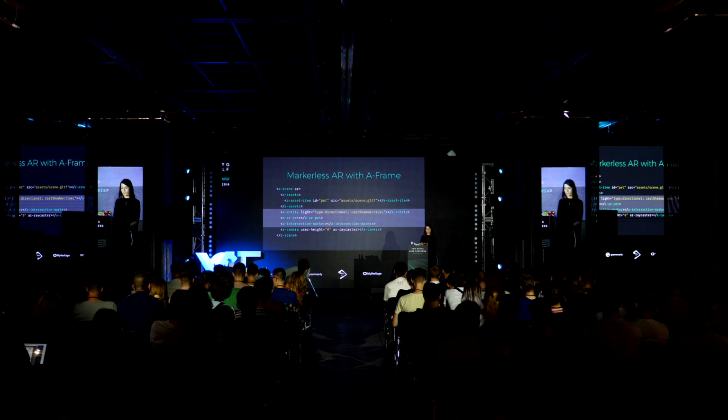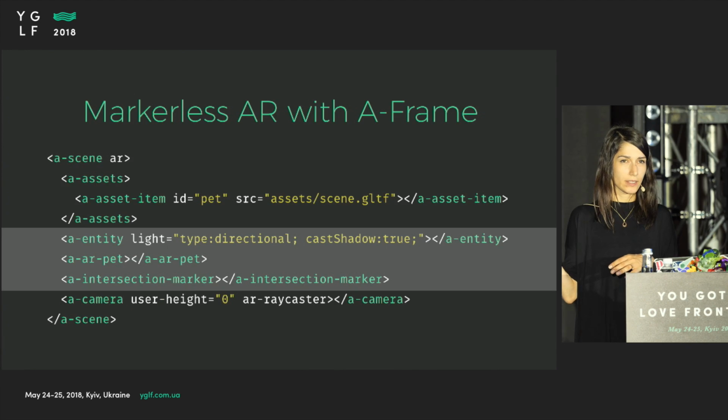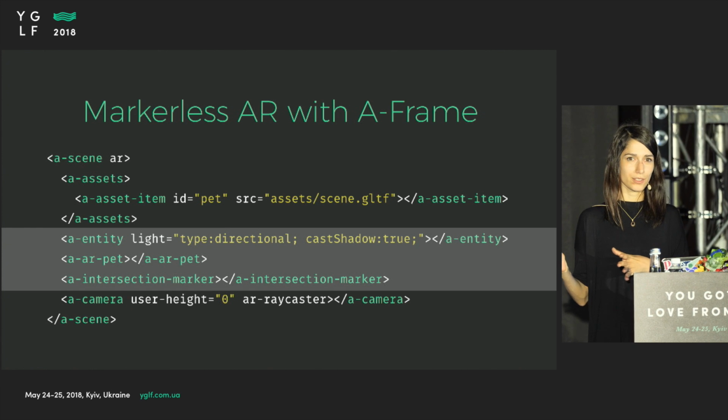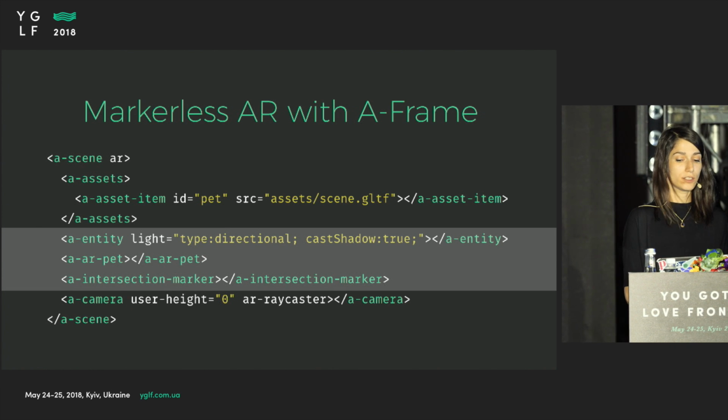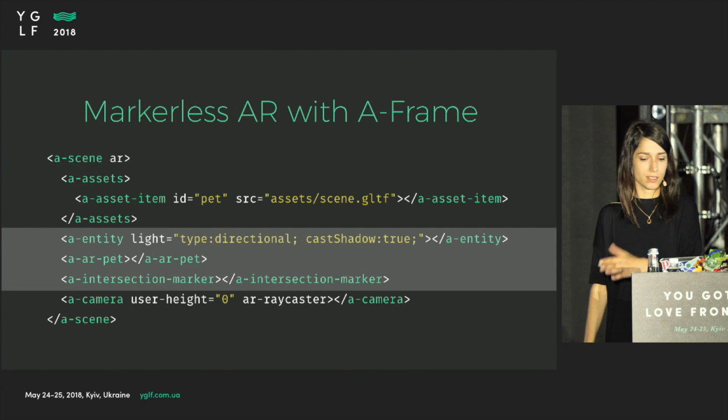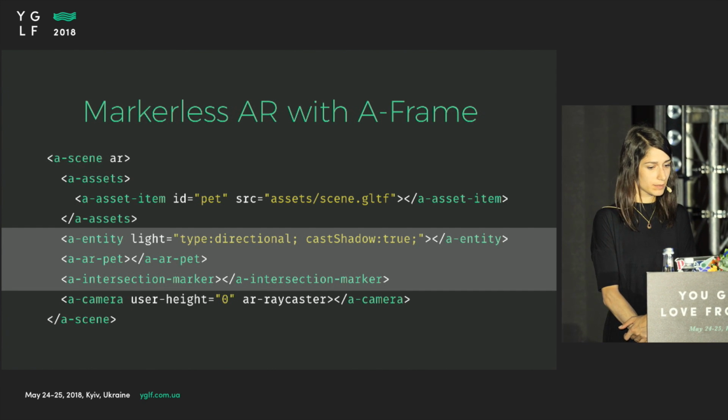And within the scene we have a light source, which is an empty A-Frame entity with a light component to cast shadows within the scene. And we have the two custom A-Frame components that I wrote myself. I think this is the cool thing about A-Frame. You can use stuff that is already there or that is written by the community, and if you need more, you just extend A-Frame with your own component.